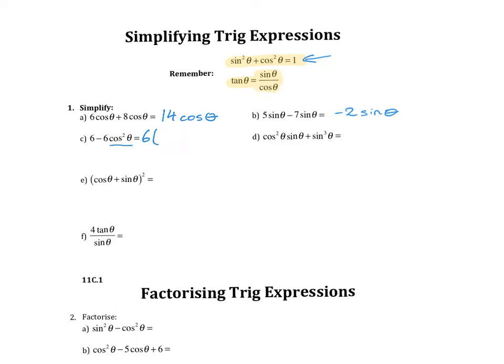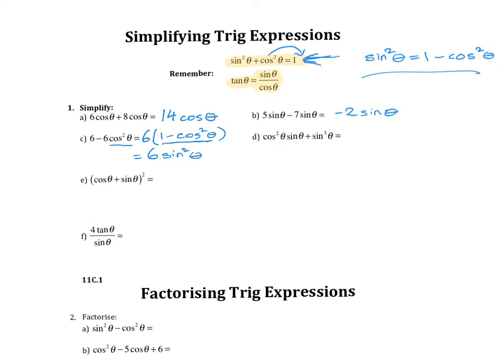If we take 6 out, we get 1 minus cos squared theta. From this identity up here, if I were to move cos squared theta to the other side, I would get sine squared theta equals 1 minus cos squared theta. So I can replace all this with just sine squared theta.